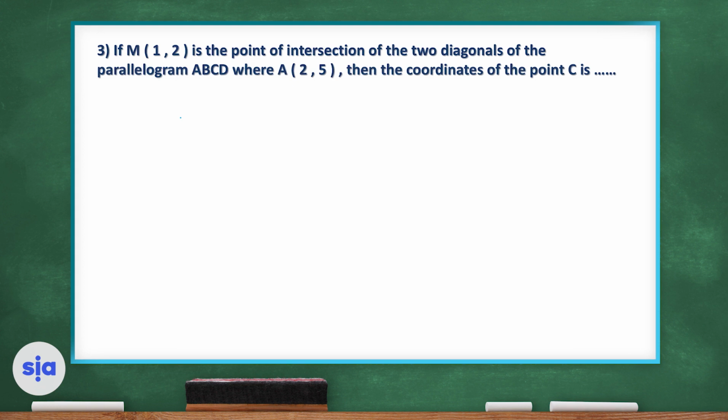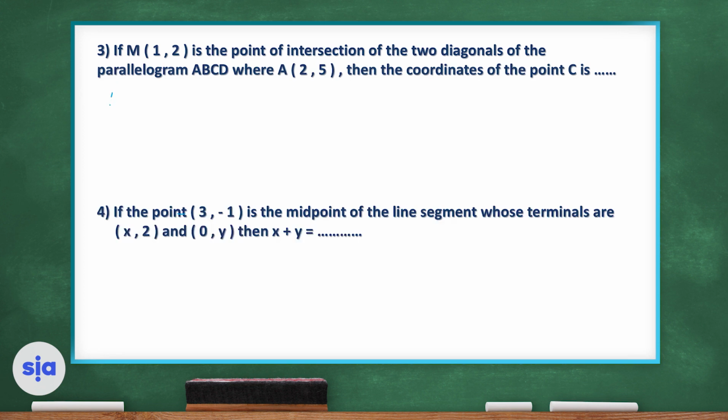So they meet in the midpoint of each diagonal. So here, in this case, M is the midpoint of AC. So here, A has coordinates 2 and 5, where M, the midpoint, its coordinates are 1 and 2, and C, the unknown, will have coordinates x and y.